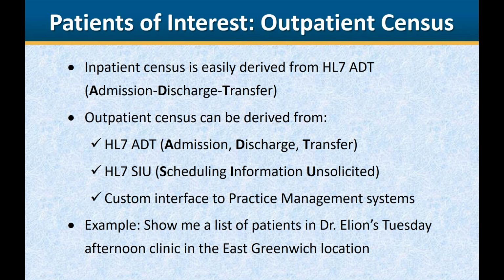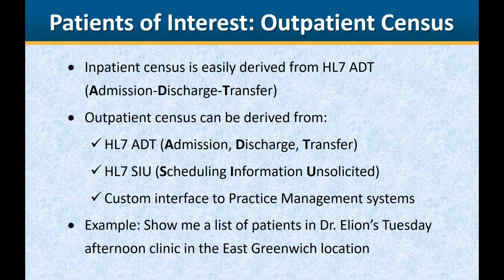Ironically, for outpatient, trying to get the census, which is so easy on the inpatient side, what should be trivial turns out to be very difficult on the outpatient side. Now, there are times that an HL7 message is going to be helpful. The ADT can have some outpatient information, but unfortunately that may have too much information in it.